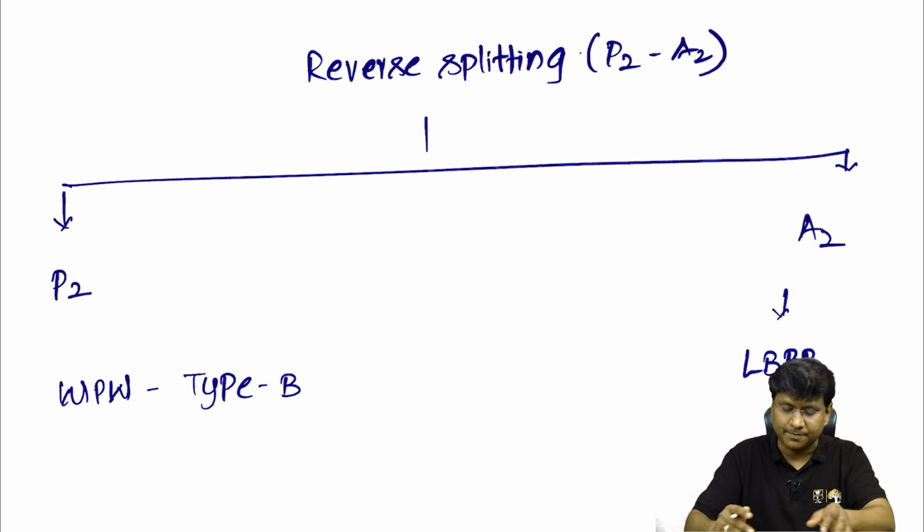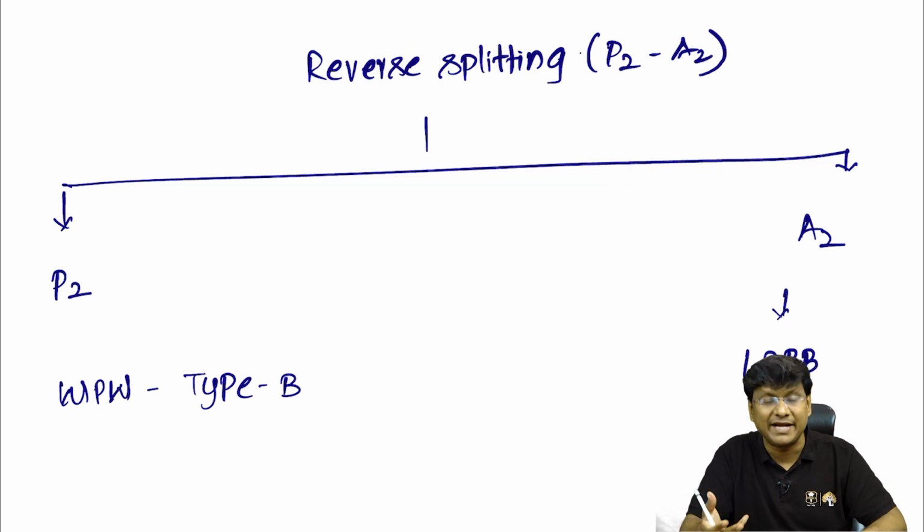This is what is called reverse splitting of the second heart sound, and these are the abnormalities related to the second heart sound.